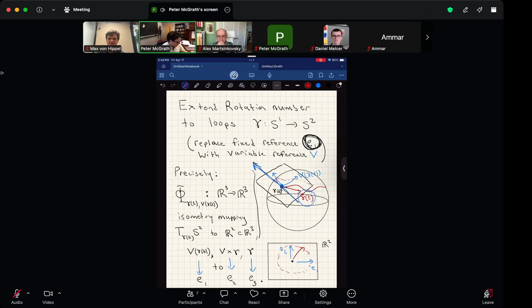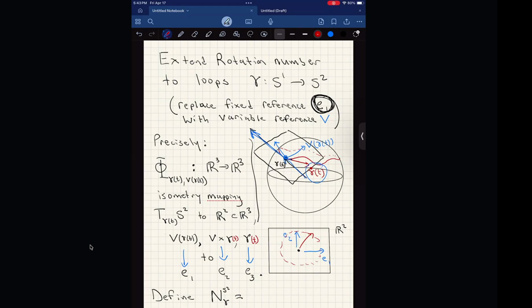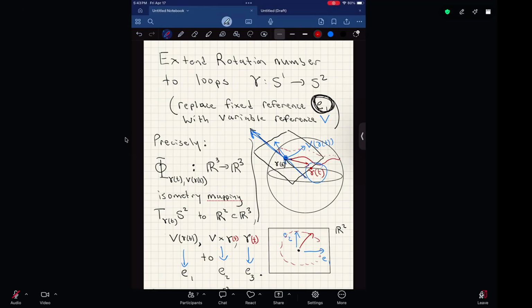Now, all of this is depending on t. For every time, I'm watching my curve move around, and every time I'm just pasting things to the plane. And so at the end, I'm getting this.